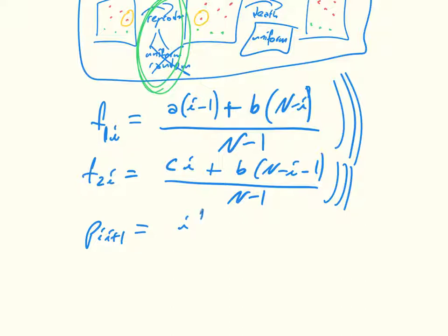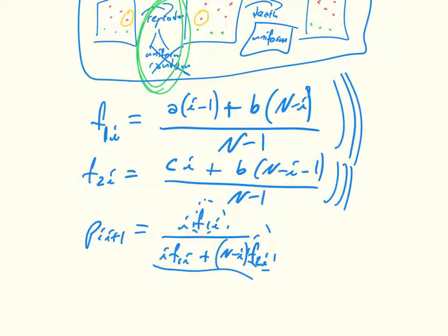So that's just going to be i times f1(i) divided by, and this is just to normalize, i f1(i) plus (n minus i) f2(i). Right? So that's just selecting the individuals according to their fitness. Every individual of the first type has this fitness, every individual of the second type has this fitness, and so this is the total fitness, and this is the probability of selecting one of the first type.